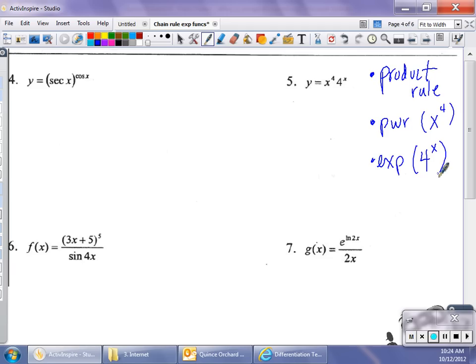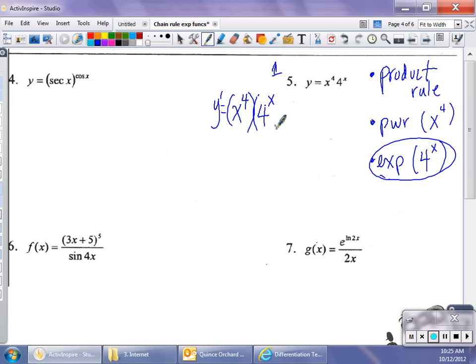So when I find the derivative, I get y prime, again remember product rule, the first function times the derivative of the second. And when we're finding the derivative of the second function, now we need our exponential rule that we just learned. So it's going to be a to the u, the function itself, multiplied by the derivative of the function. Well, the derivative of x in this case is just 1, so I don't have to write that.